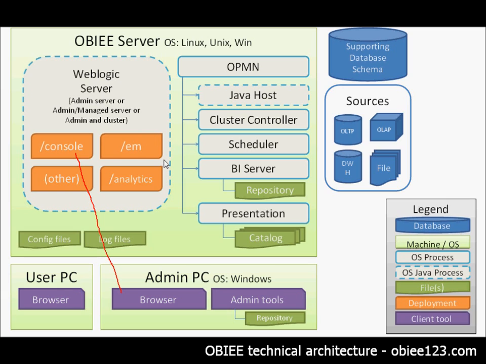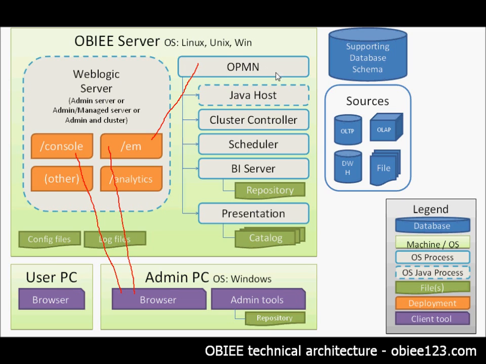Next, if the administrator wants to take control of all the other stuff, he can connect his browser to the /em URL, and we'll get into some dashboards in which he is able to, for instance, stop and start the OPMN components.